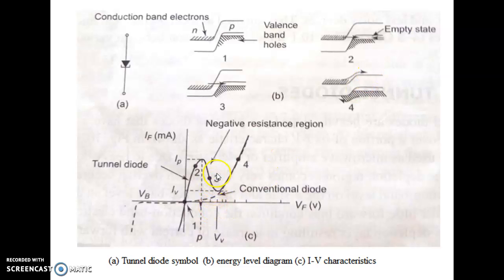And now there are some important parameters to note here. The point at which you have the highest current, for the corresponding voltage, is known as the peak current, IP. The corresponding voltage is called the peak voltage, VP.